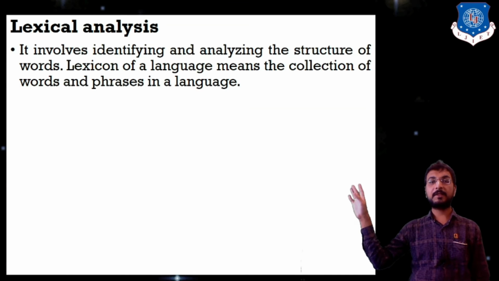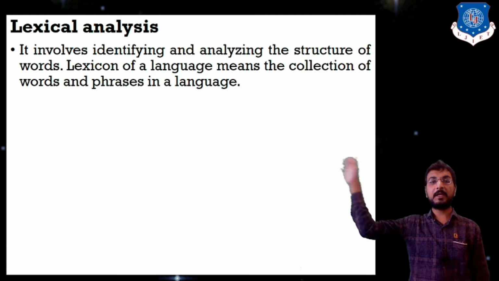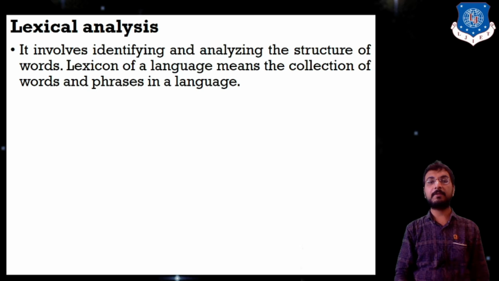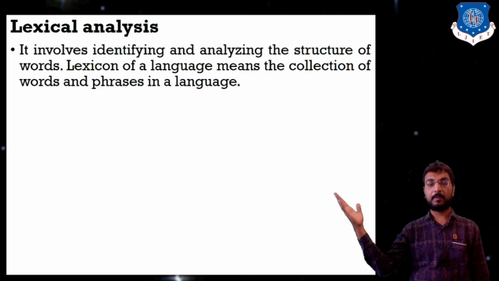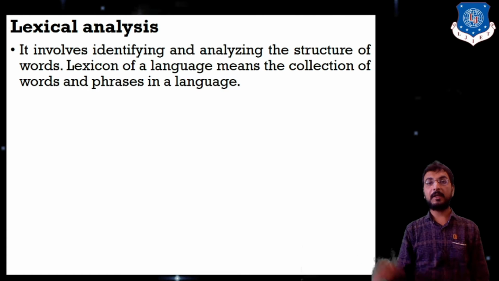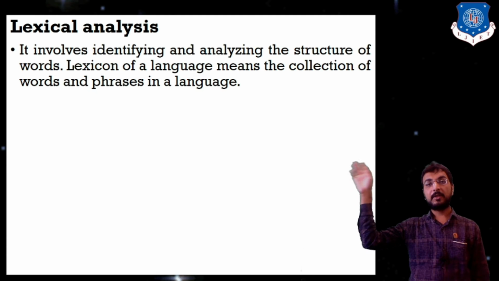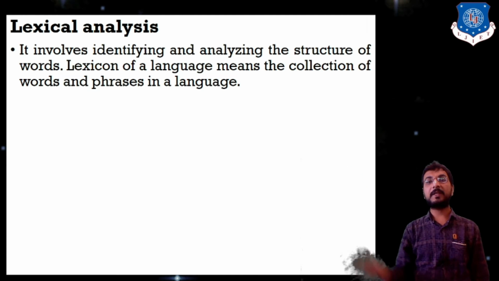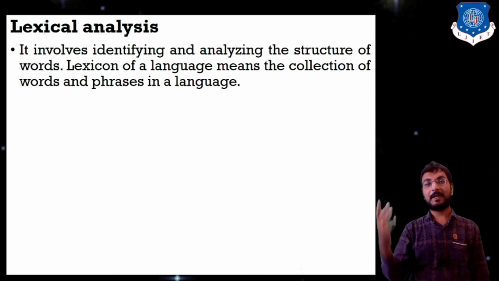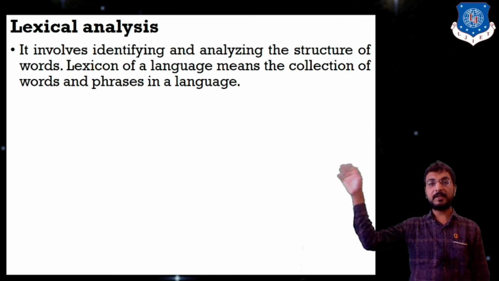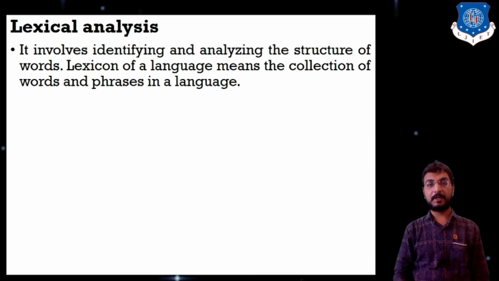Lexical analysis involves identifying and analyzing the structure of words. Lexicon of a language means the collection of words and phrases in a language. As we know, a lexicon is the token of a statement. All tokens are collected together to form one statement. So we can say that the small pieces of one statement are called lexicons, or lexemes. Those lexicons create one entire statement.